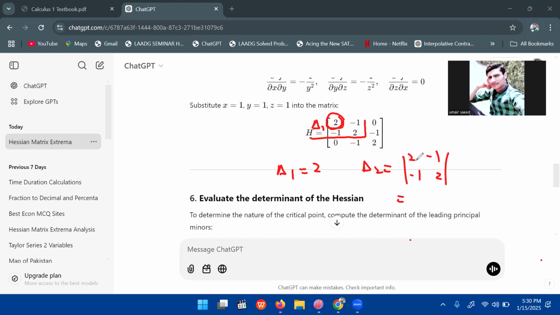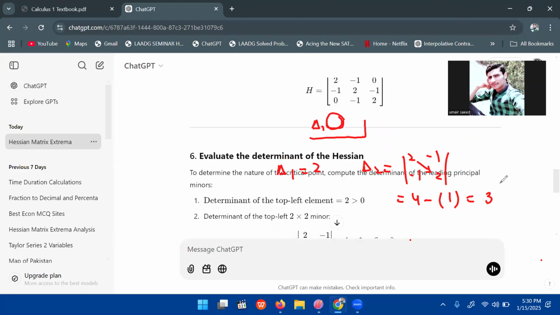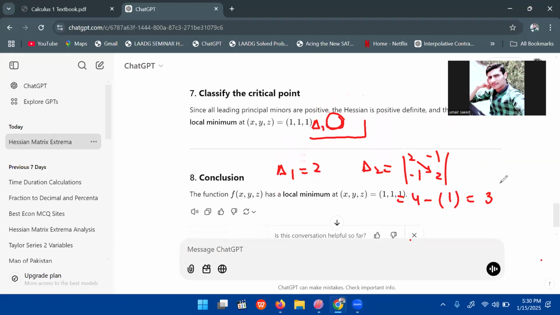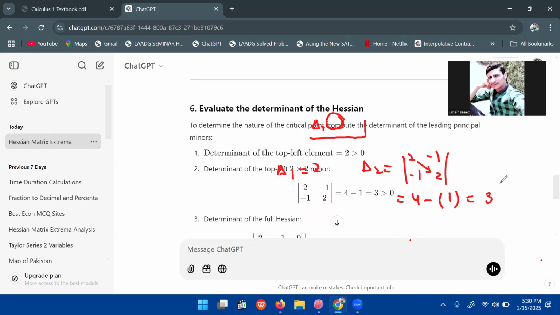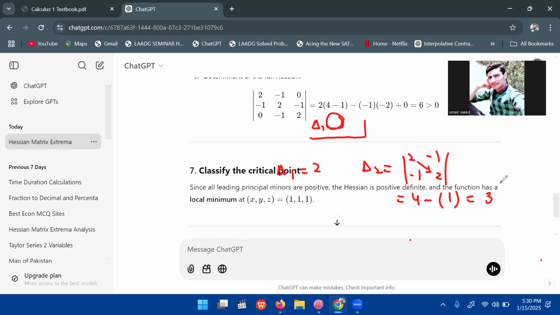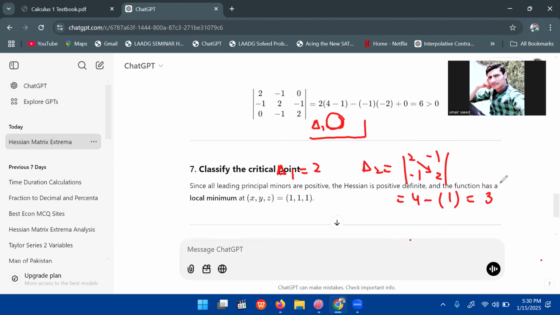It will give you 2 multiplied with 2, 4, then minus minus becomes plus 1, it's 4 minus 1 gives you 3. So this is delta 1 as well as delta 2 you have found, and in a similar pattern you have found delta 3. And you know all the deltas, delta 1, delta 2, delta 3, are positive. It means that your matrix is positive definite.